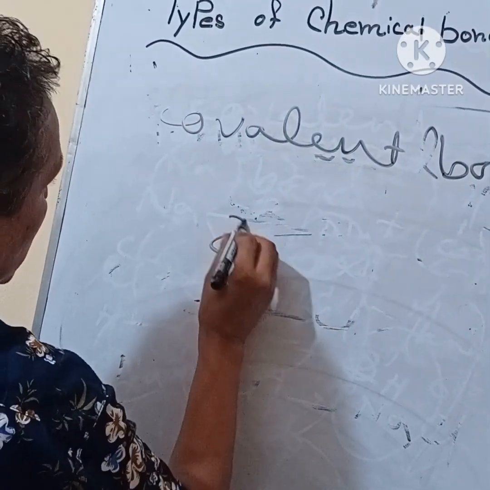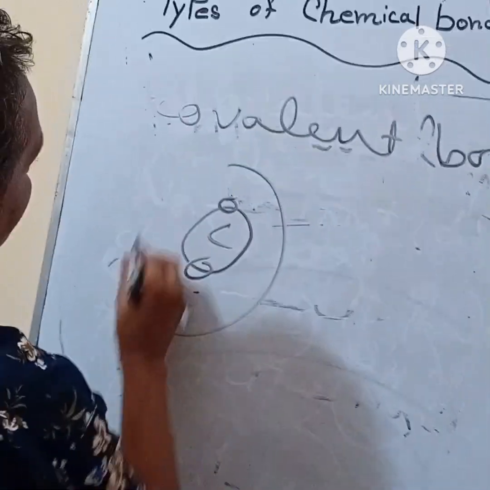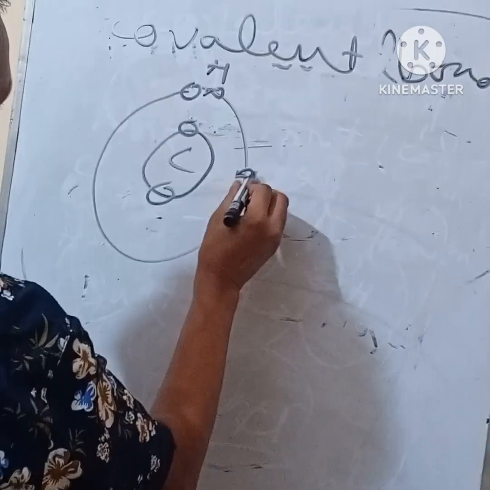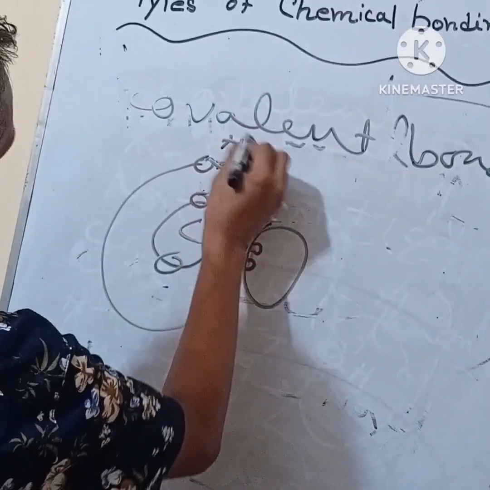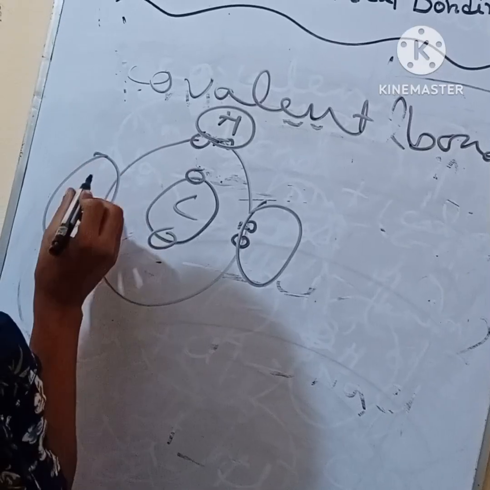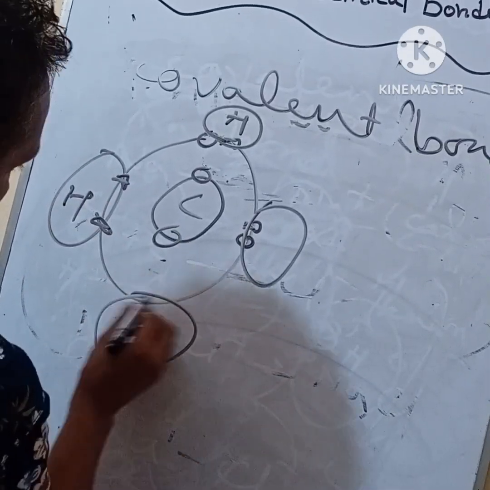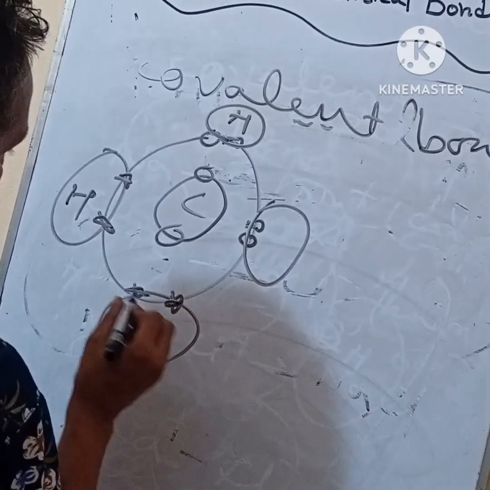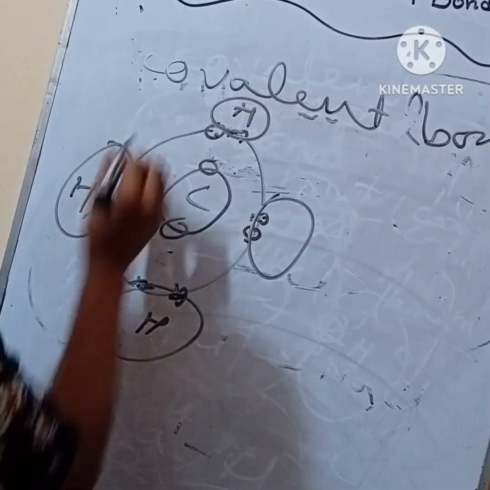Carbon and hydrogen, such. This is sharing, 1, 2, 3, 4, 5, 6, 7, 8.